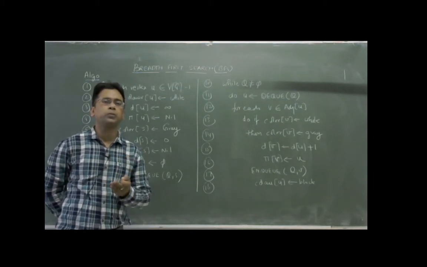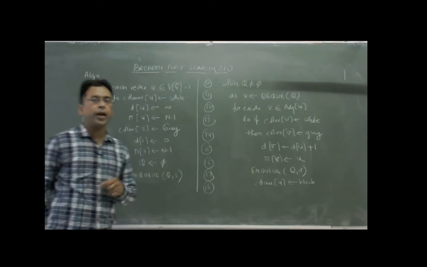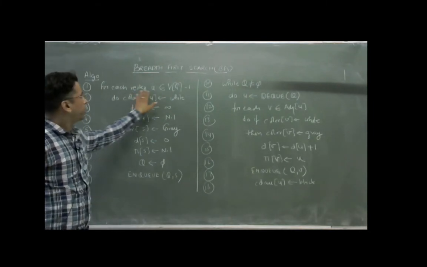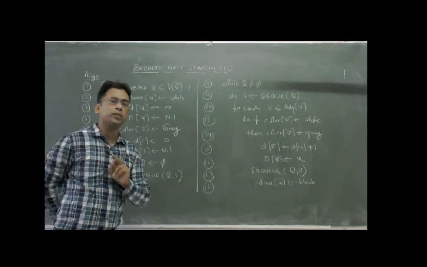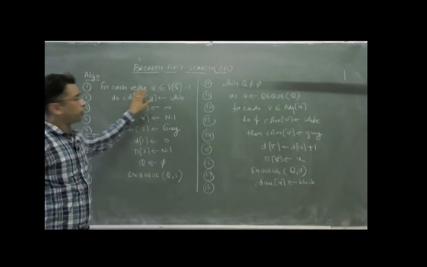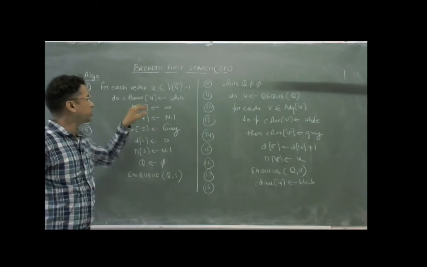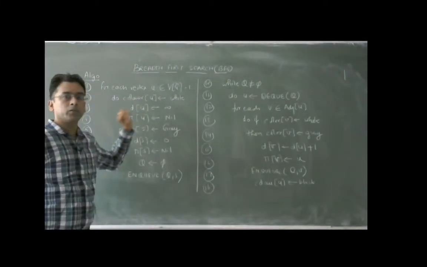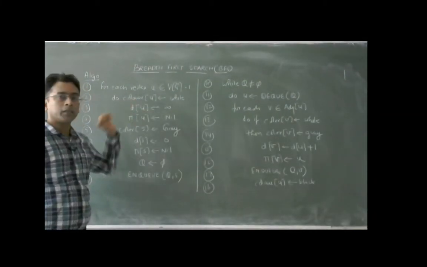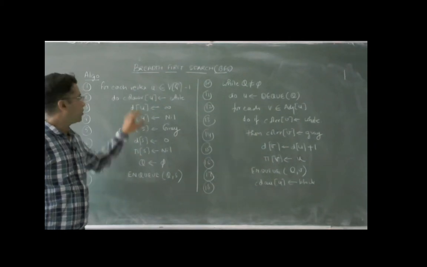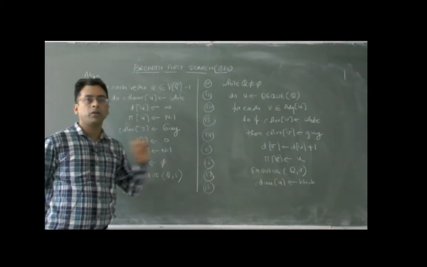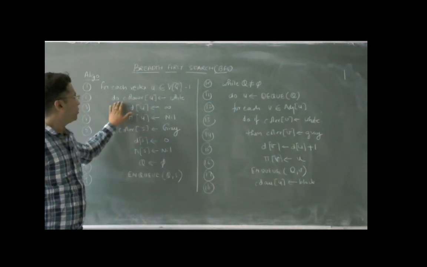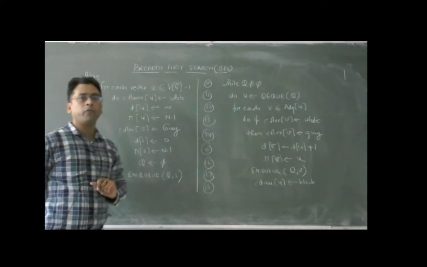Source vertex is represented by the symbol S, and in the graph, if there are U vertices, that is the set, except the vertex from where we start, we perform an operation for the rest of the nodes which are not considered as the source: we color them white.